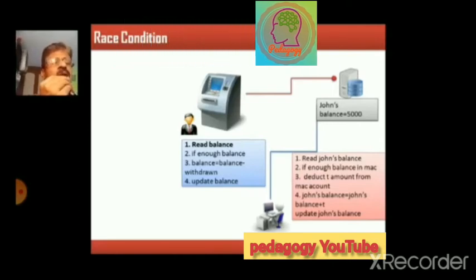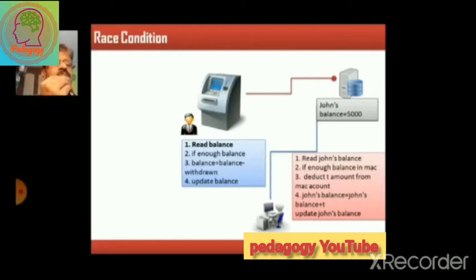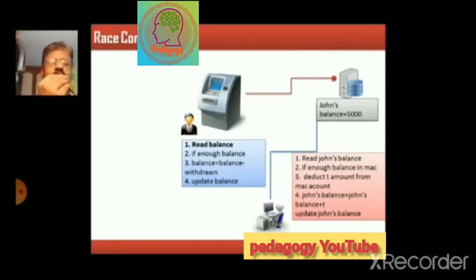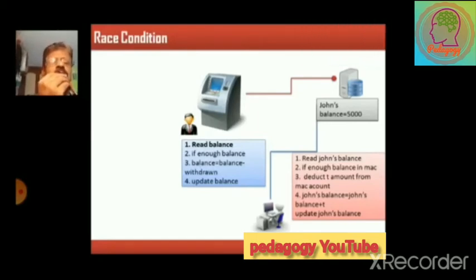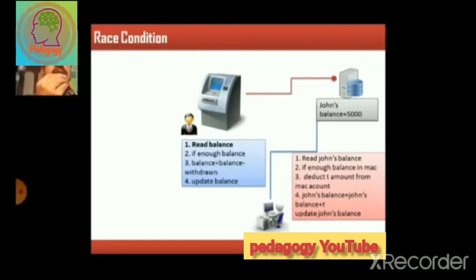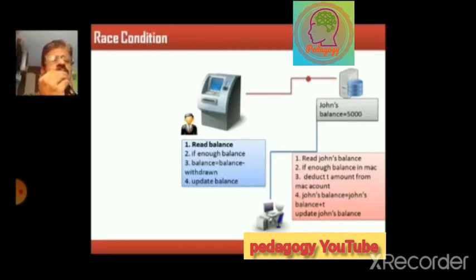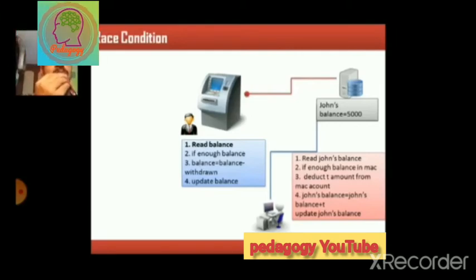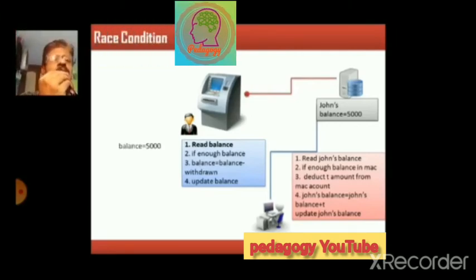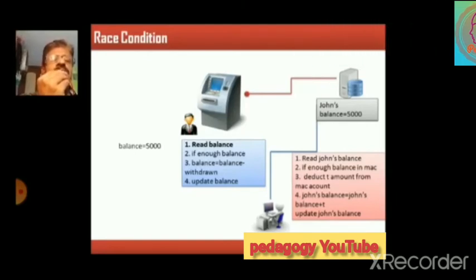But at the same time, someone wants to deposit into John's account. What will happen? If we do not maintain any synchronization between these two processes, there may be a wrong report, wrong output, there may be some misleading information.